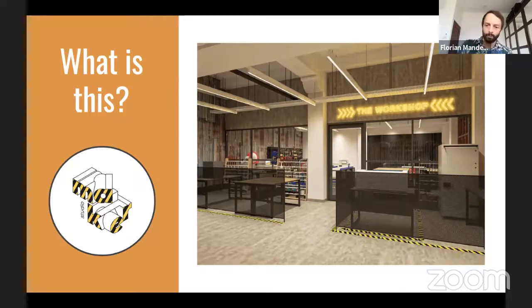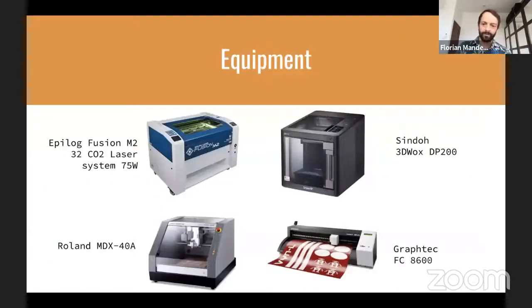But there will also be more classes, because we got a lot of really cool equipment. You can see on the right-hand side on the top, that's the 3D printer we're working with right now, but hopefully we're also going to get a few others. Then we have a laser cutter, the Epilog Fusion M2. It's a powerful laser system.